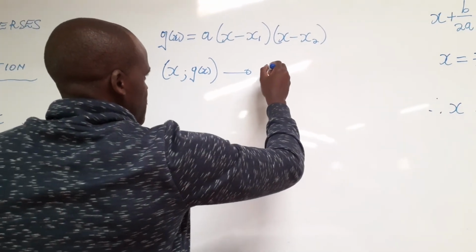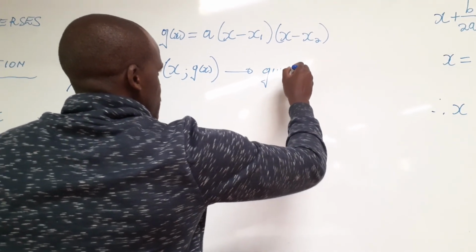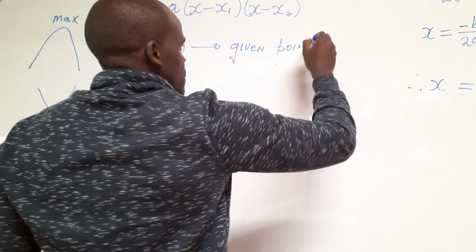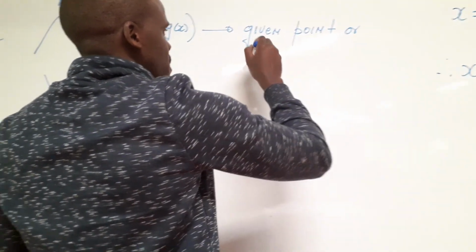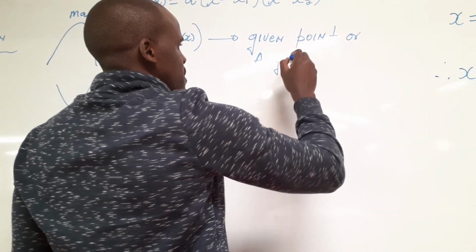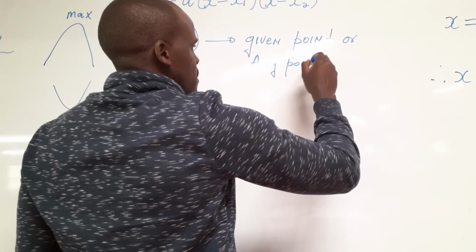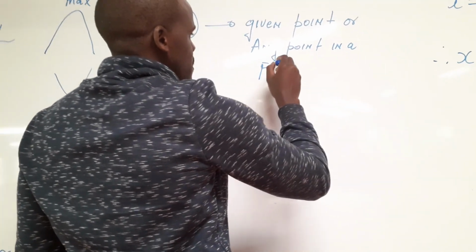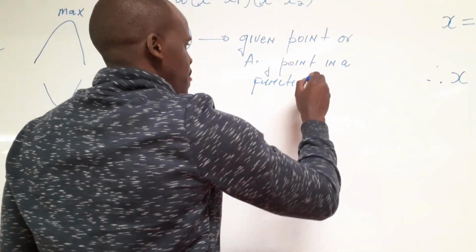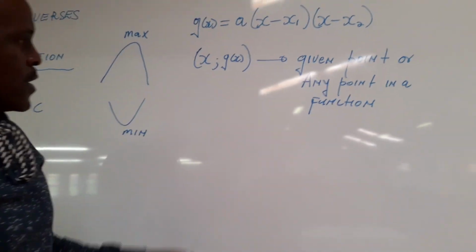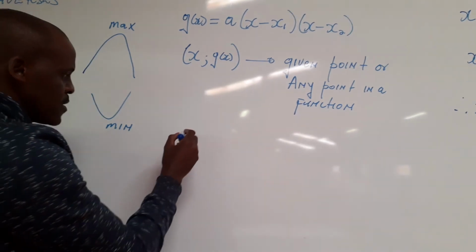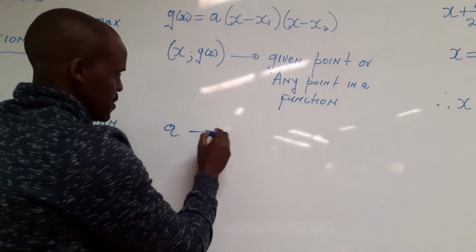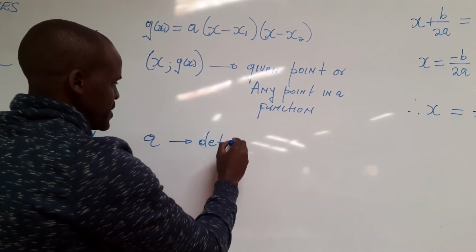This is our given point, any point in a function. Right. We've got a. A always tells us about the shape. It determines the shape.